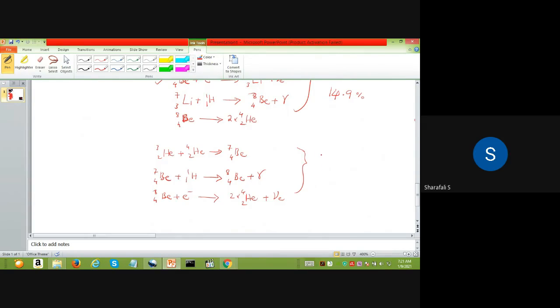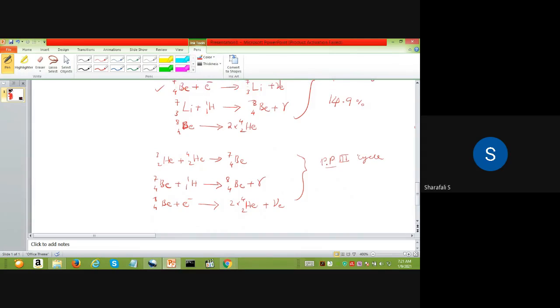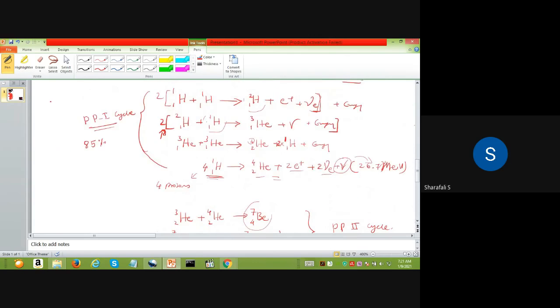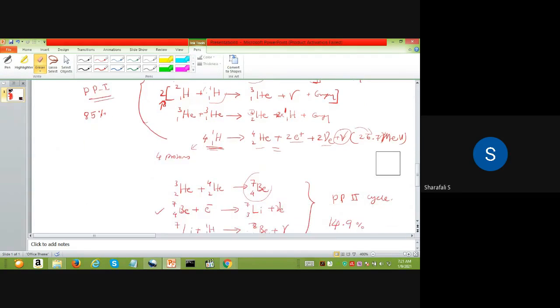So this is the PP3 reaction. I'm sorry, we cannot say this is a cycle. This is a chain. Cycle is different.